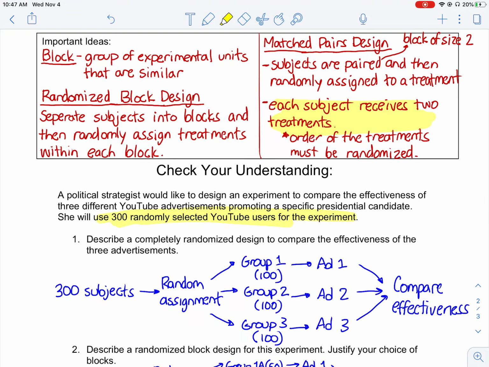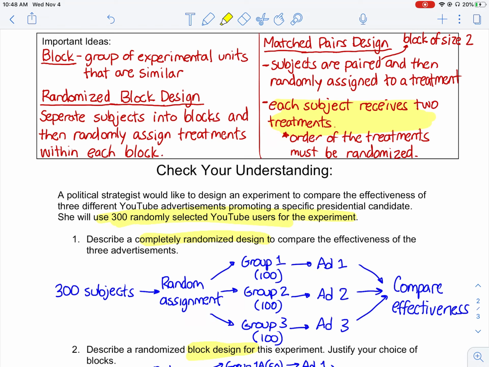Now, describe a randomized block design for this experiment. Remember, when we do a block experiment, we're grouping subjects into groups that are similar. We could group them by age, by gender, by level, by block where they live, right?